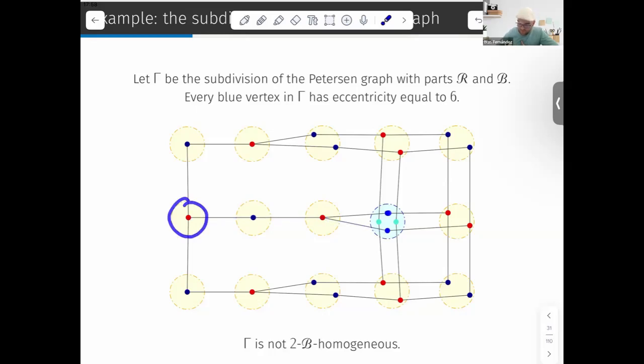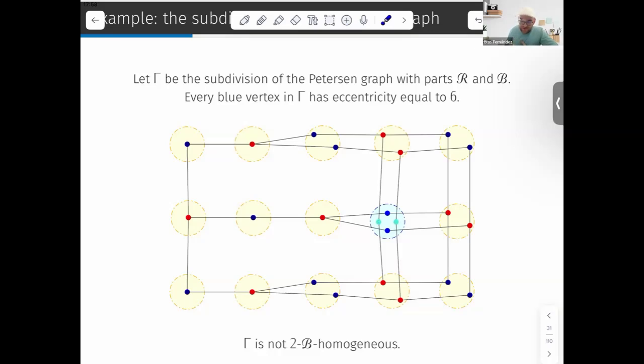So this means that for these vertices, the scalar gamma 4 of these vertices will be 1. But now if we consider these vertices, we need to compute the number of common neighbors of x and y which are at distance 3 from these two vertices.